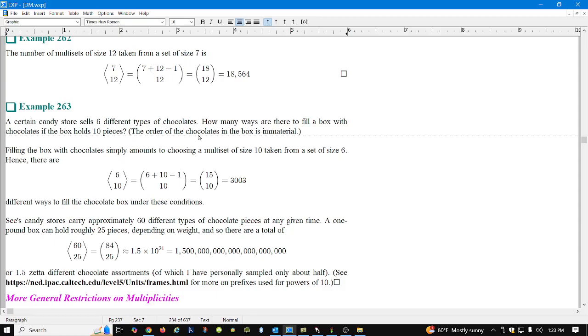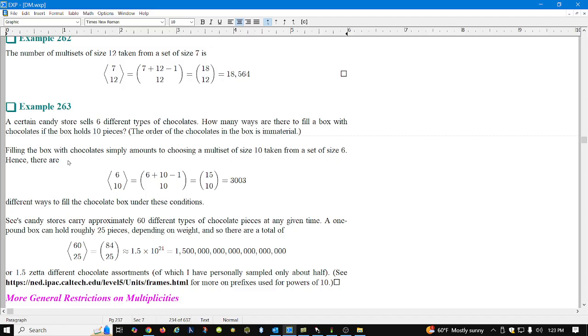Now an important example. A candy store sells 6 different types of chocolates. How many ways are there to fill a box with chocolates if the box holds 10 pieces? The order of the chocolates is immaterial.